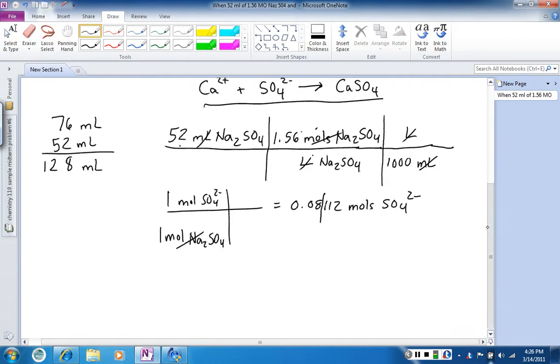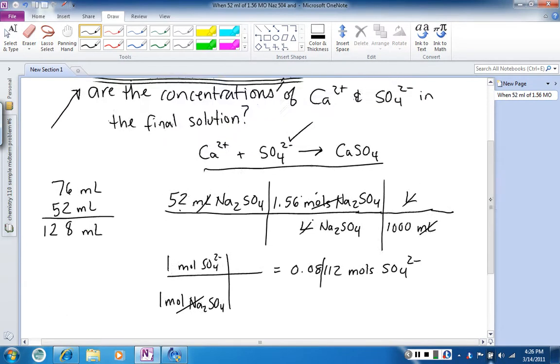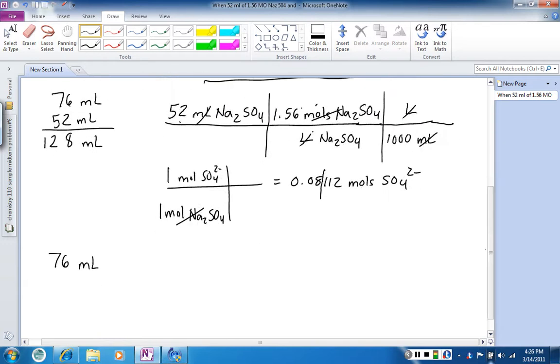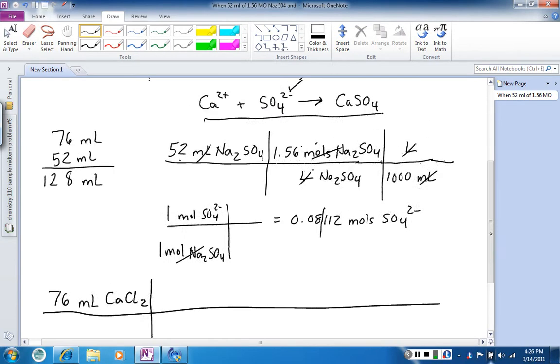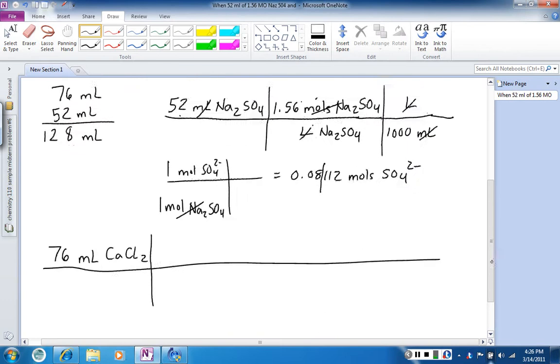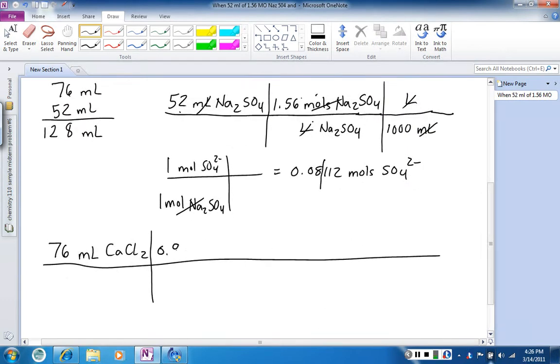We've got 76 milliliters of CaCl2. Our concentration tells us is 0.98 molar, 0.98 moles CaCl2 per liter CaCl2.